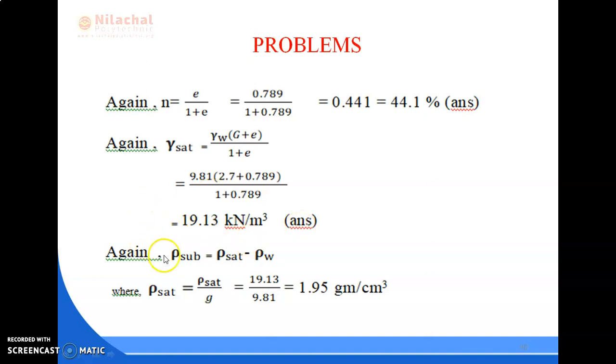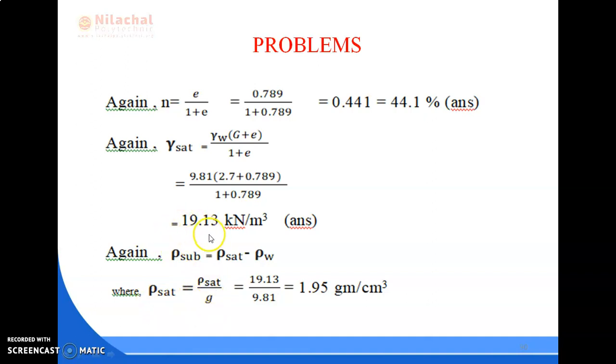And next, rho sub or submerged density equal to, we know the formula is rho sat minus rho W, but again rho sat is unknown. So here we can calculate rho sat equal to gamma sat by g.